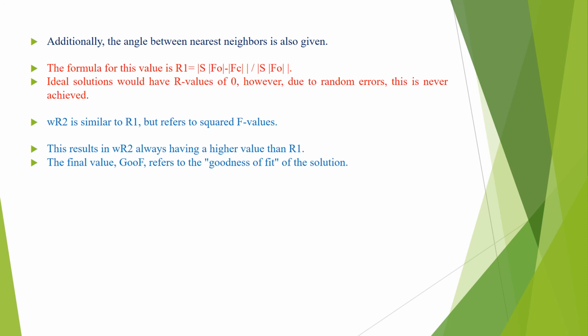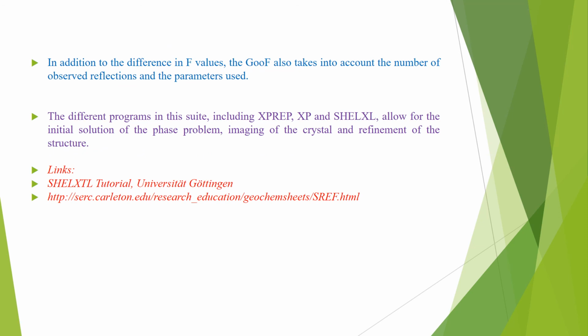The final value, GOOF, refers to the goodness of fit of the solution. In addition to the difference in F values, the GOOF also takes into account the number of observed reflections and the parameters used. At the end of refinement, the GOOF should approach 1.